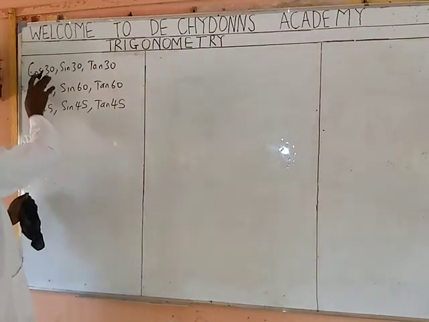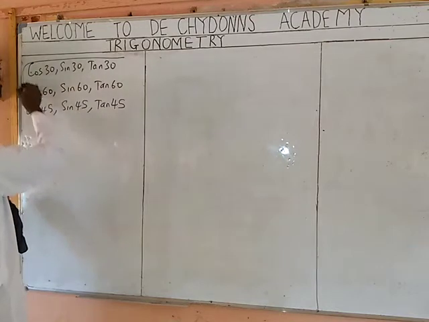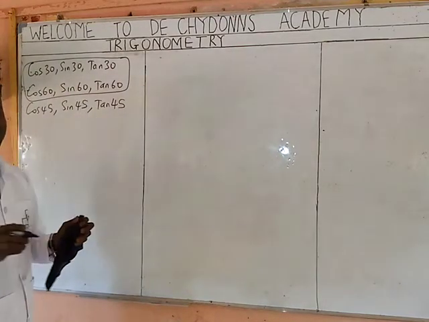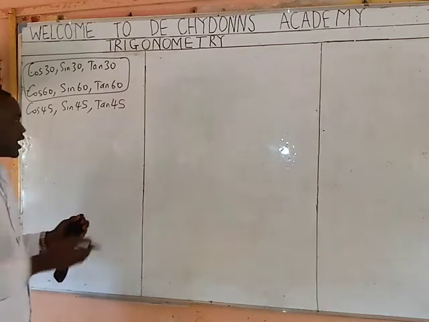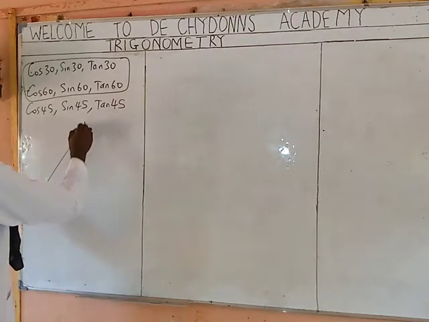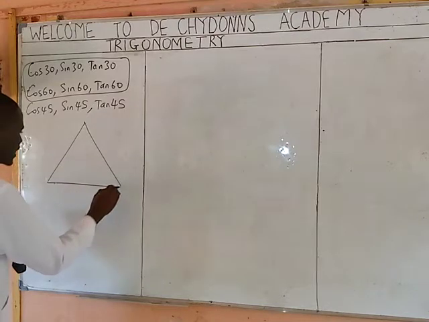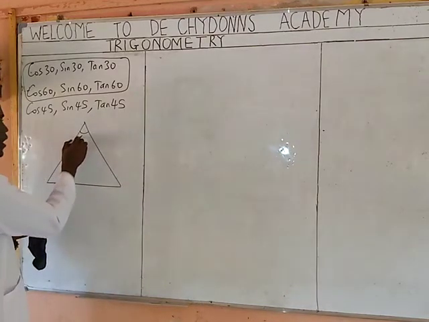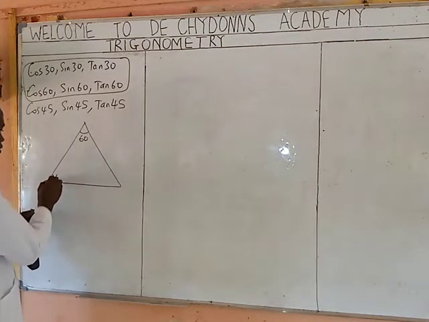Now, when you talk about the first two, how do we get them? You use an equilateral triangle. In an equilateral triangle, the three sides are equal and the three angles are equal, each 60 degrees.